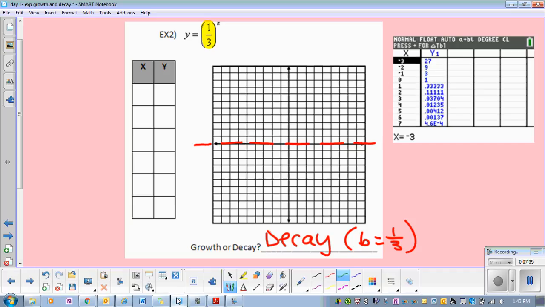So let's see, we have -2, 9; -1, 3; 0, 1; 1, 1/3; 2, 1/9; and I mean you can do 3, but it doesn't matter, 0.04.